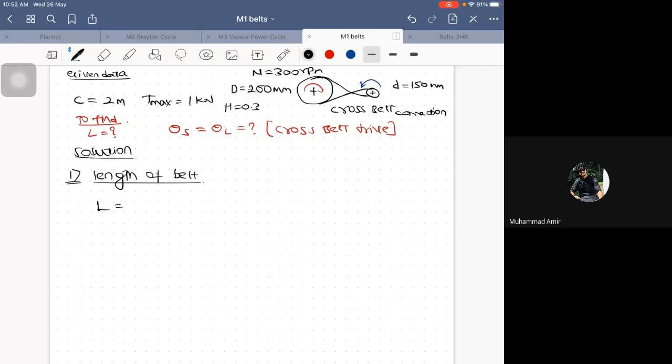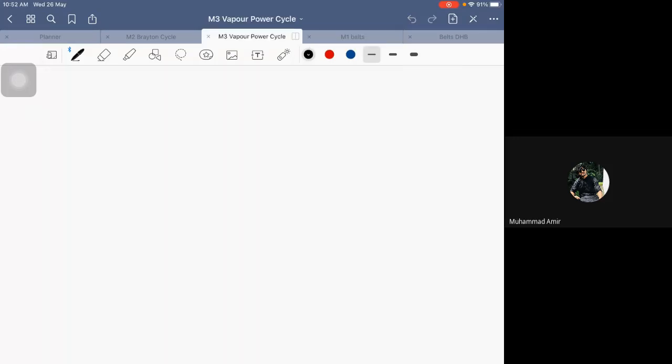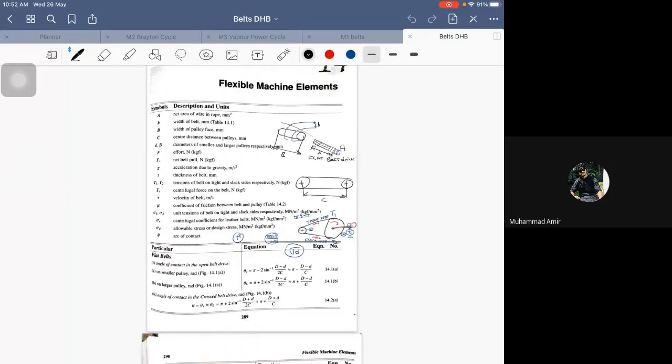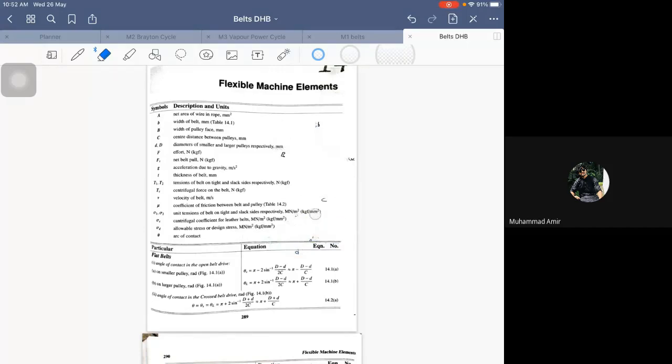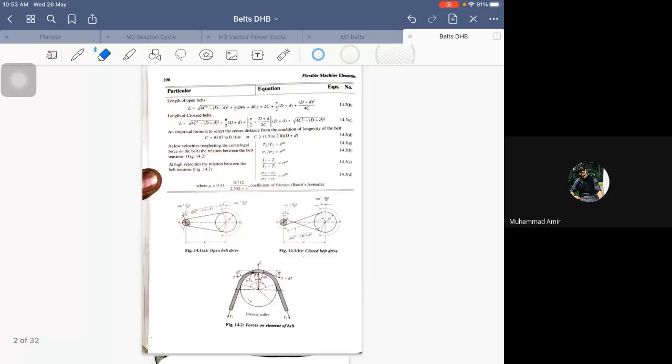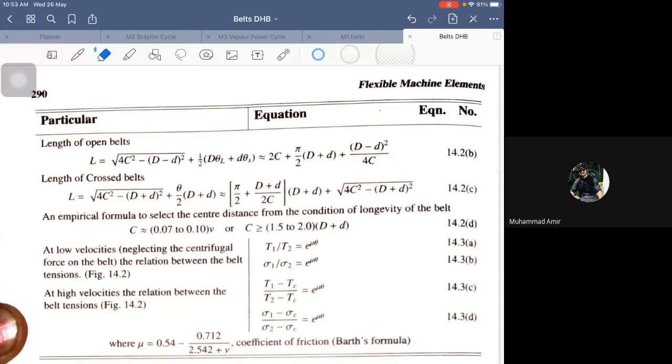Okay, 14.2 on page number 290. Okay, so this is 289 and this is 290. Two equations are there. The first equation is for the open belt and the second equation is for the cross belt. So which equation shall I use? The second equation, which is 14.2c.